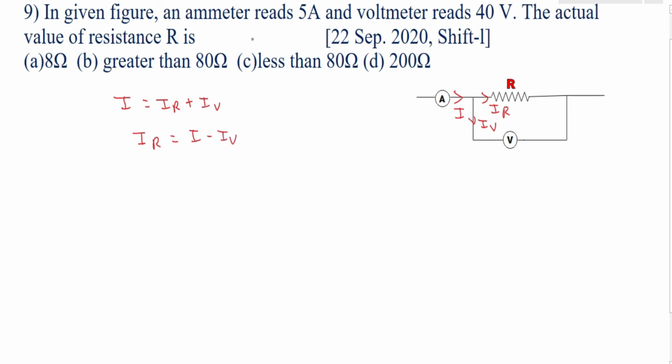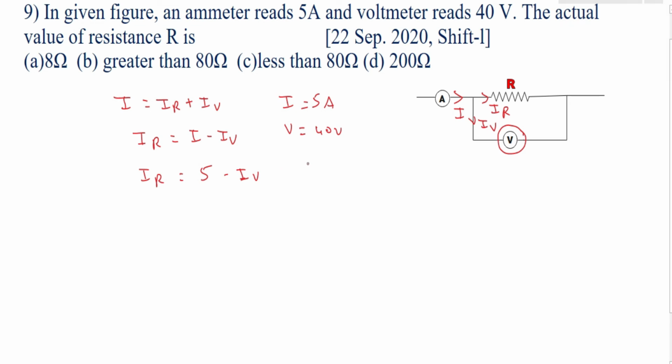Okay, now according to sum, I is given as I is equal to 5 amperes. Then voltage read by this voltmeter is given by V is equal to 40 volts. Now IR can be written as IR is equal to 5 minus IV. Okay, now we know that this voltmeter has high resistance. Since it has high resistance, very less amount of current will flow through this voltmeter.